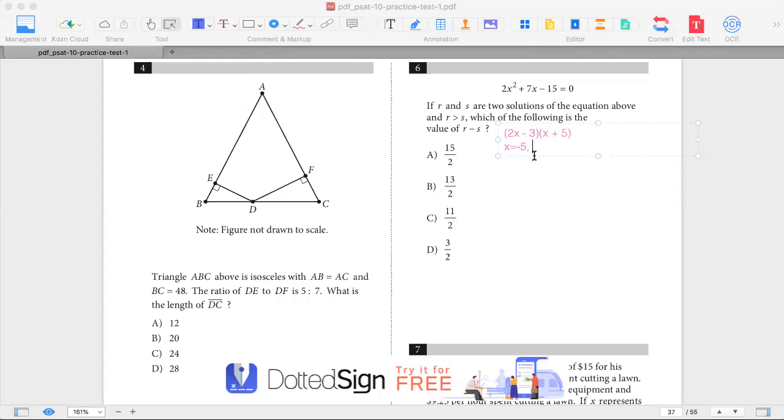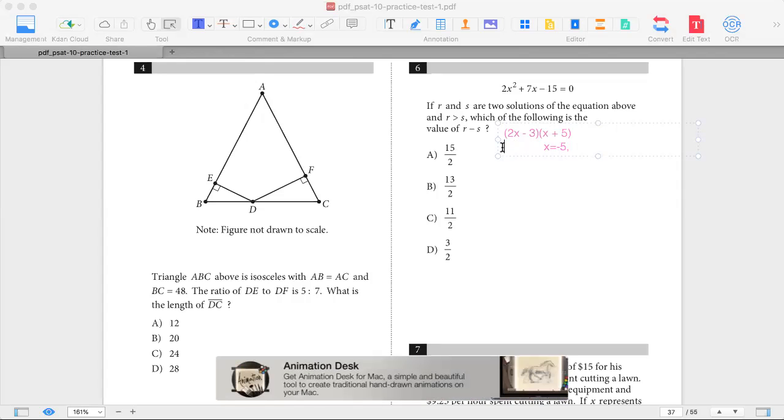If I say 2x minus 3 is equal to 0, when I add 3 to both sides, 2x is equal to 3. If I divide both sides by 2, x is equal to 3 over 2.